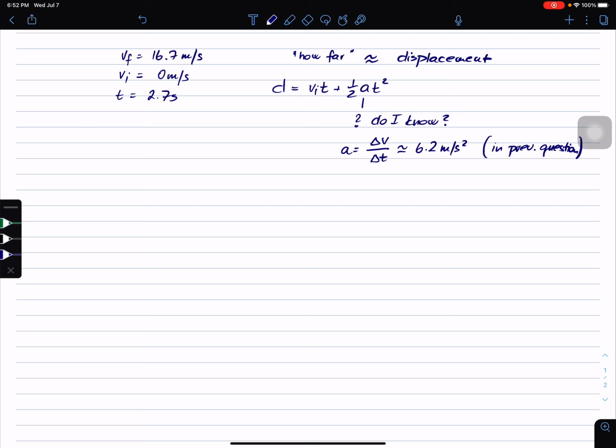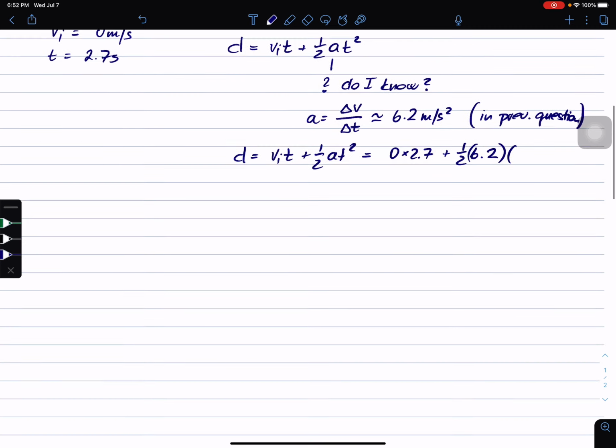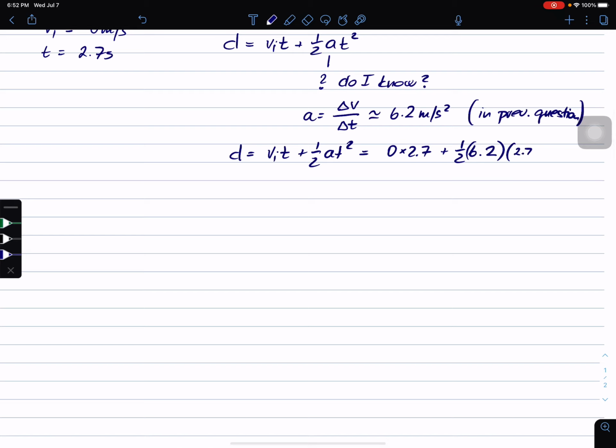So in this case, we could still use this, and we could say the displacement is equal to initial velocity times time plus 1/2 at squared, and I could say it's 0 times 2.7 plus 1/2 times 6.2 times t squared, which in this case would be 2.7 squared.